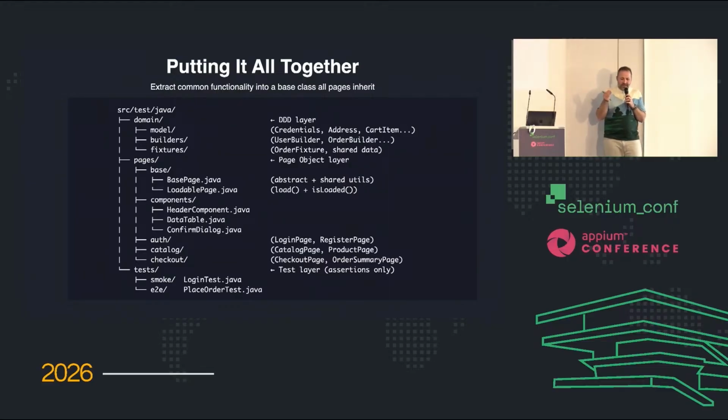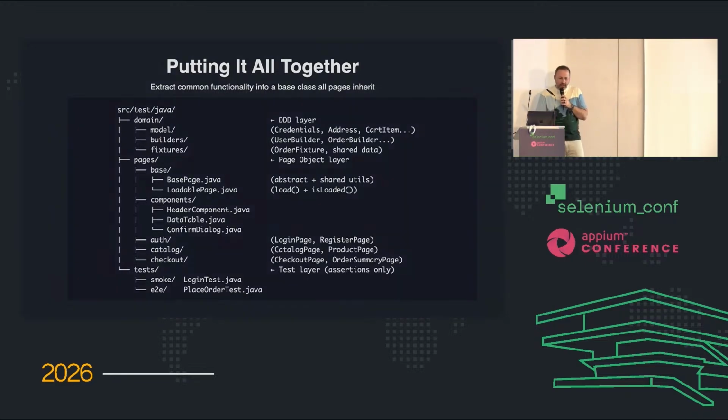And the components, you can have the components in the pages and then authentication pages, catalog pages, checkout pages, etc. And then in the tests, you can separate the same way, even having like smoke, E2E, etc. Okay, this is not hard-coded, but this is one of the suggestions. In real life, especially in a big project, it's more complex. This is one of the examples for a simple application that you can divide and then easily find whatever you need.